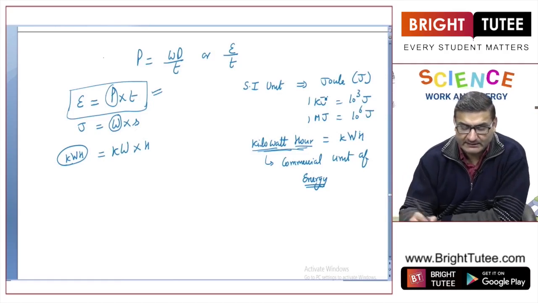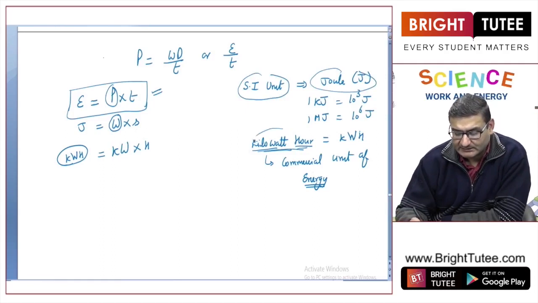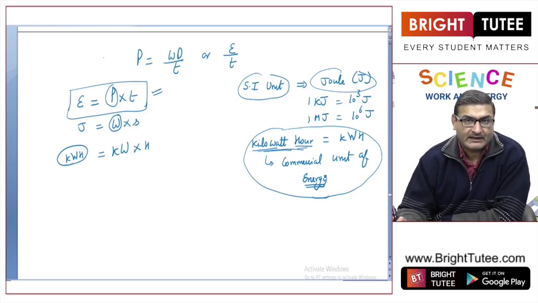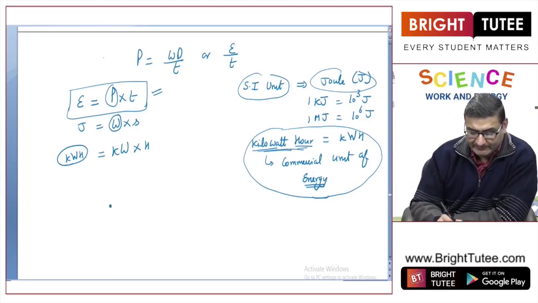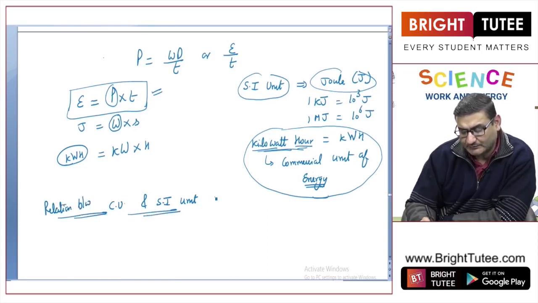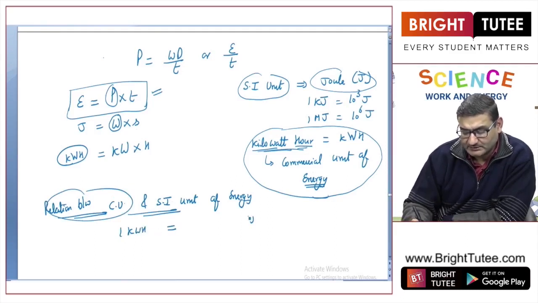So we have seen that the SI unit of energy is joule, whereas the commercial unit of energy is kilowatt hour. And what is the relation between this commercial unit and SI unit? Now this is quite important. The commercial unit is 1 kilowatt hour and the SI unit is joule.